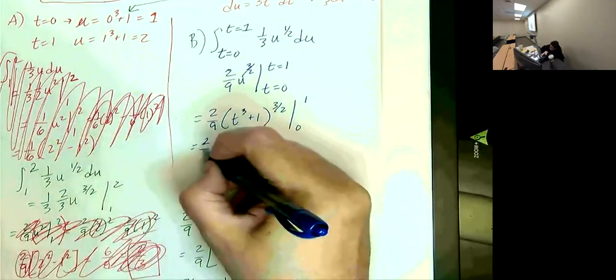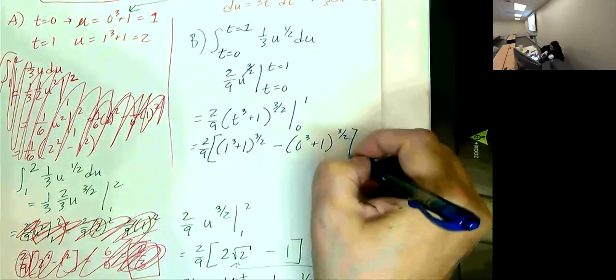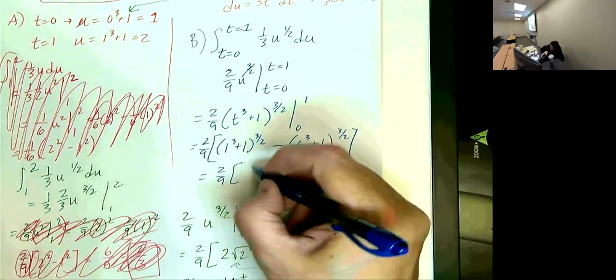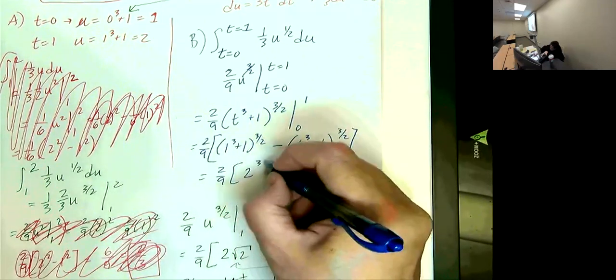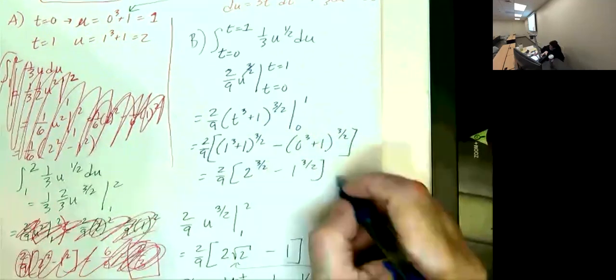Now that I'm back to t, I don't need to write the t anymore. One cubed plus 1 to the 3/2 minus 0 cubed plus 1 to the 3/2. That is 2 to the 3/2 minus 1 to the 3/2, which is that.